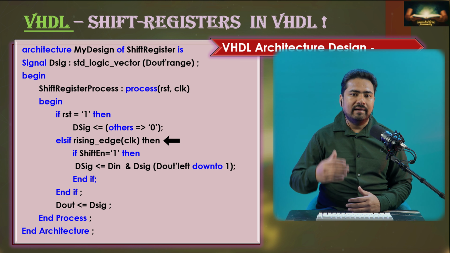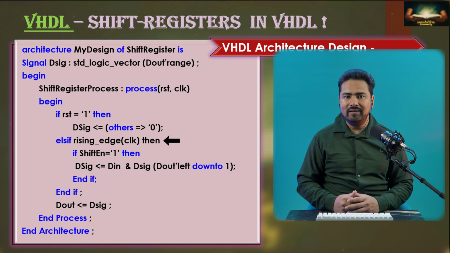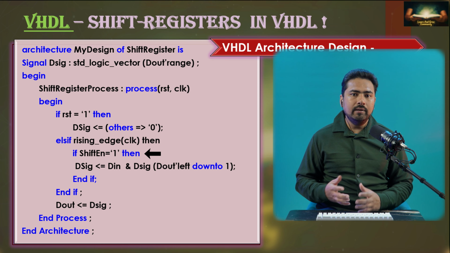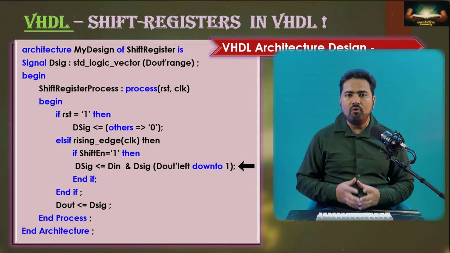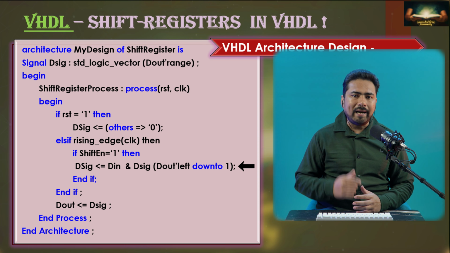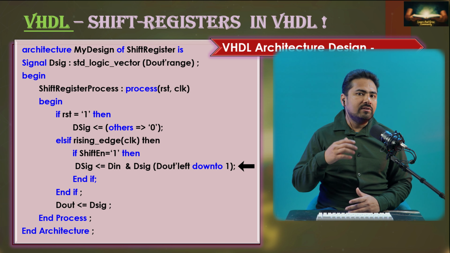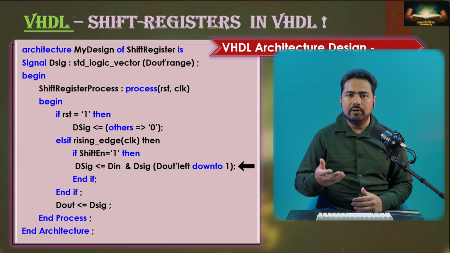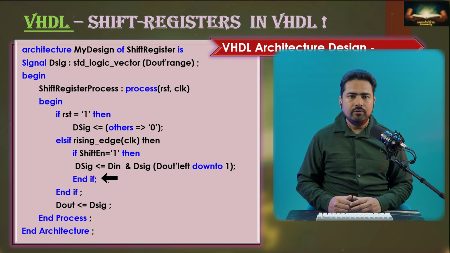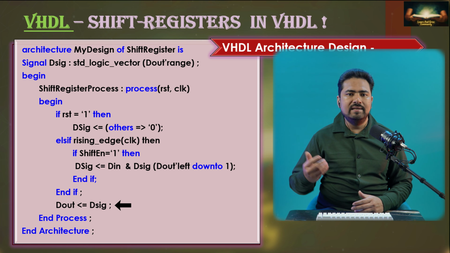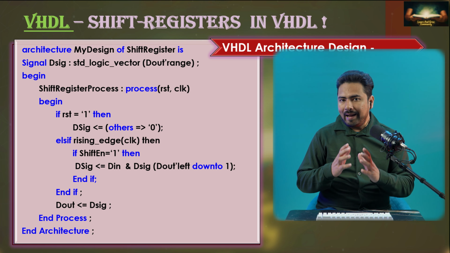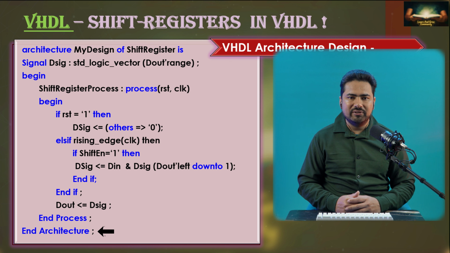Else if at rising edge of clock then if shift enable equals 1 then D6 gets the value of D in concatenation D6 D out left down to 1 semicolon. End if, then D out gets the value of D6 semicolon. End process, end architecture.